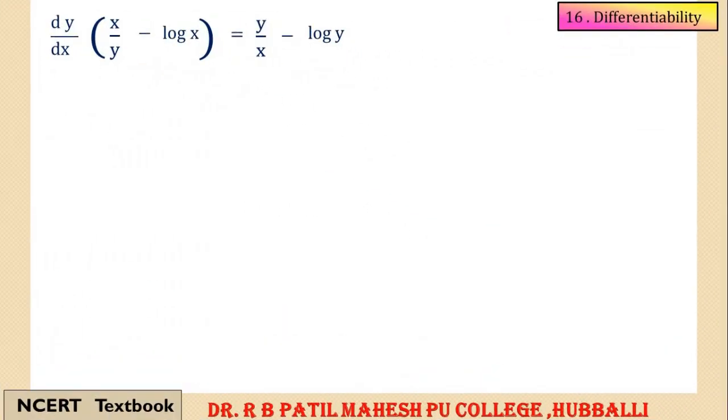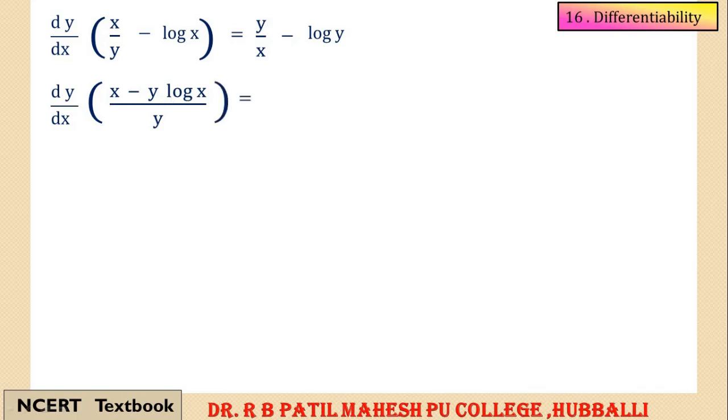we have this equation. In the next step, take the LCM on the right side and also on the left side. On the left side, y is the LCM, so x minus y log x divided by y. For the same term, x is written, and the minus term is multiplied with log x, y log x.